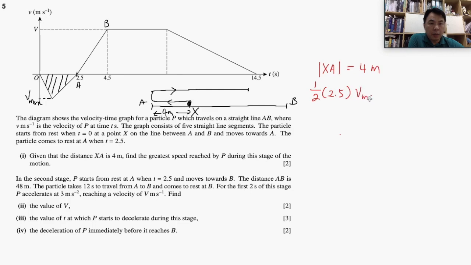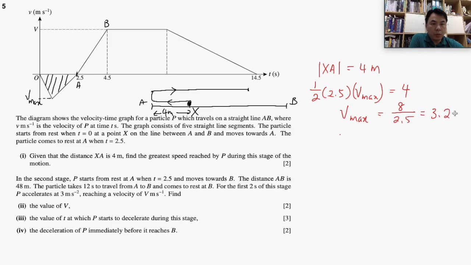And the height I will label as V max, which is the maximum speed reached in this case. That will be equal to 4. So I hope that is clear there. Therefore, V max will be 8 divided by 2.5 there. Right. So let me see what do we have here. We have 5, 16. Okay.